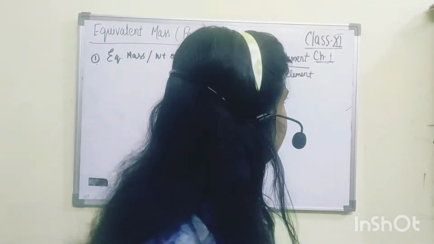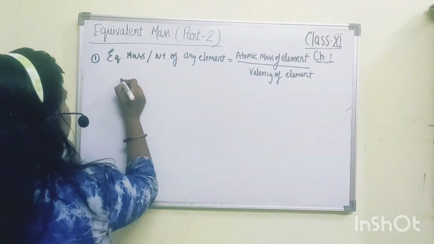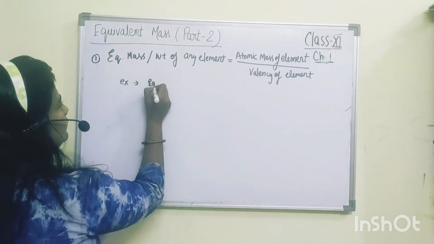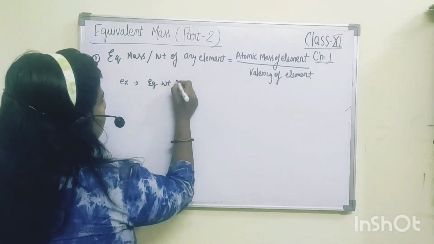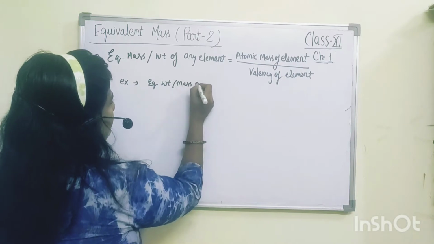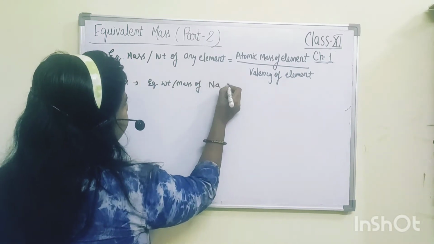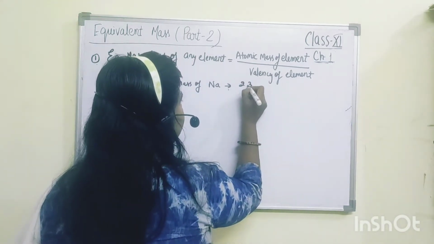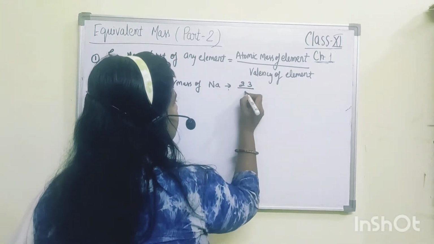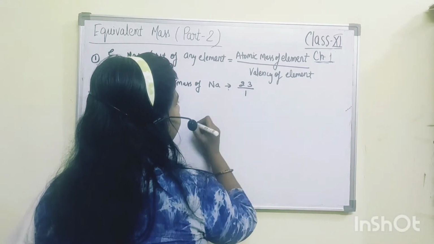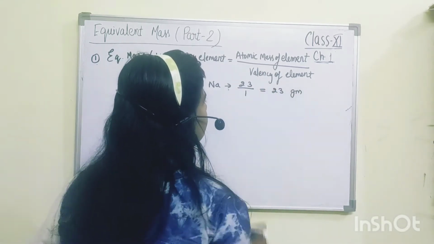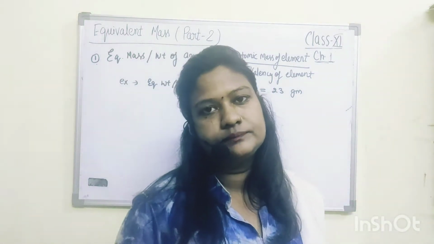Okay. So, for example, suppose you want to calculate the equivalent weight or mass of sodium. The atomic mass of sodium is 23 and its valency is 1. Therefore 23 gram is its equivalent weight.